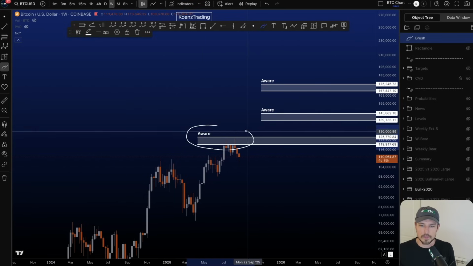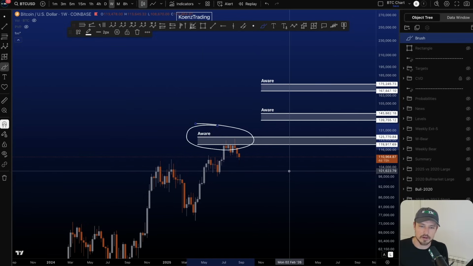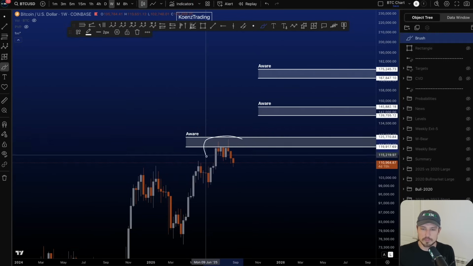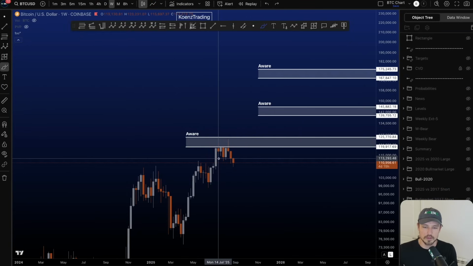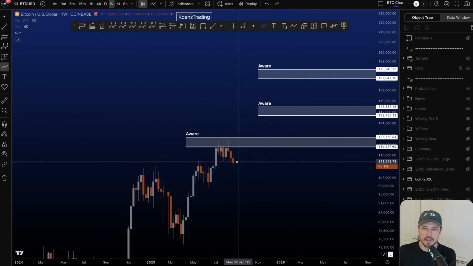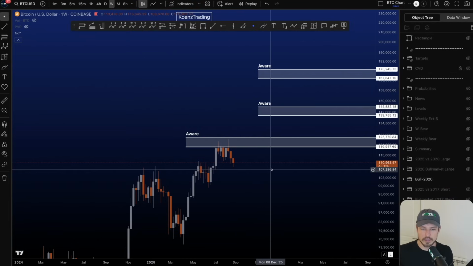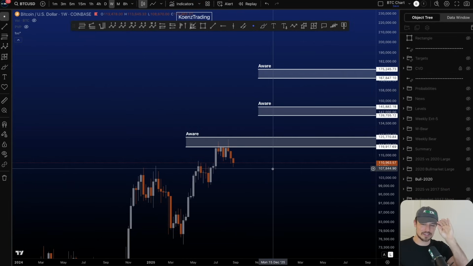So here we had the latest aware area, which so far has been respected for a nice long period of time. It was touched for the first time in the week of the 14th of July, and here we are still bumping against that area, not being able to pass it.